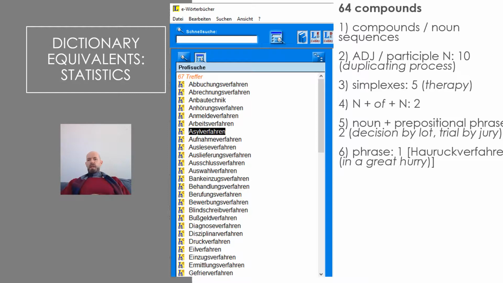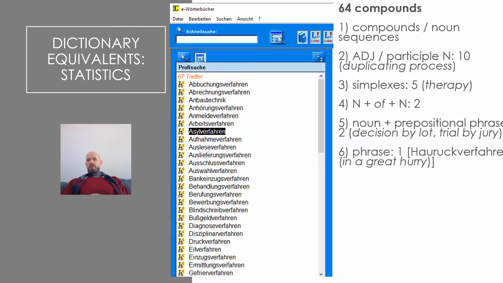For instance, a duplicating process, Vervielfältigungsverfahren. There are 10 of those, so they're far less frequent in dictionaries at least, because I haven't put the number here, but I think it's 44 compounds and 10 adjective participle plus noun constructions.